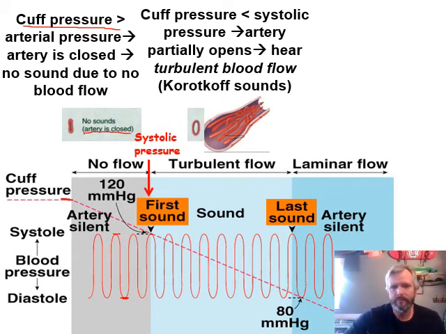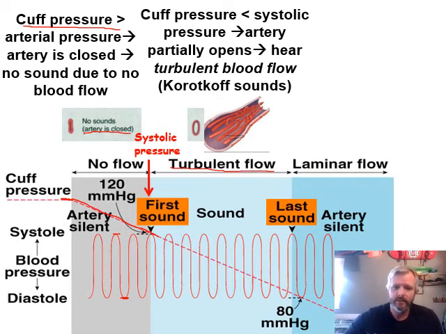Okay, as the pressure starts to drop, you don't hear anything, but once we reach just below this systolic pressure, the artery is going to start opening and blood's going to flow through, but that blood flow is going to be that turbulent flow. And that turbulent flow makes those carotid cough sounds.